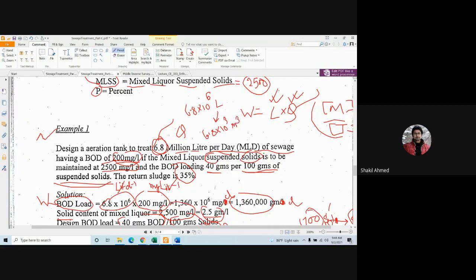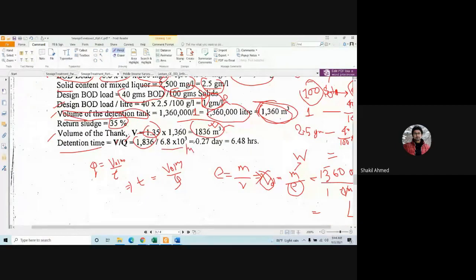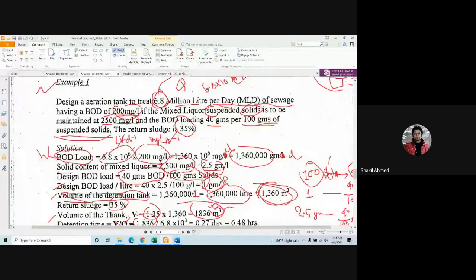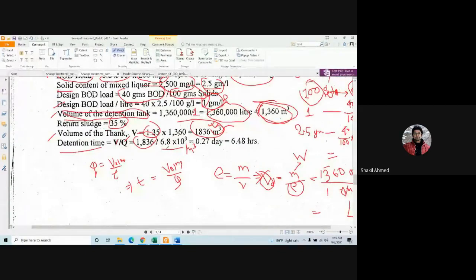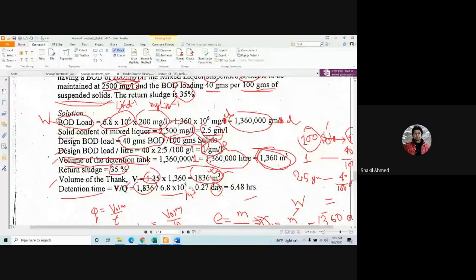Am I right? This is also in meter cube, and you have per day here also, right? So this day will come here. Clear?